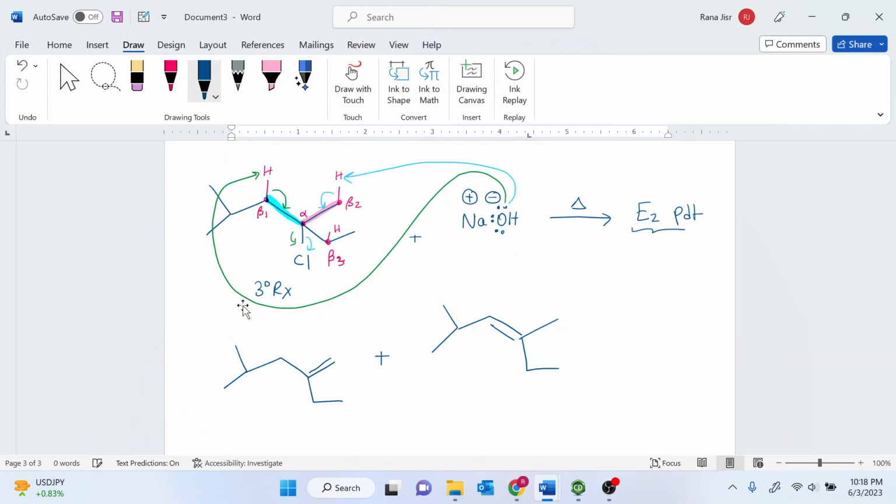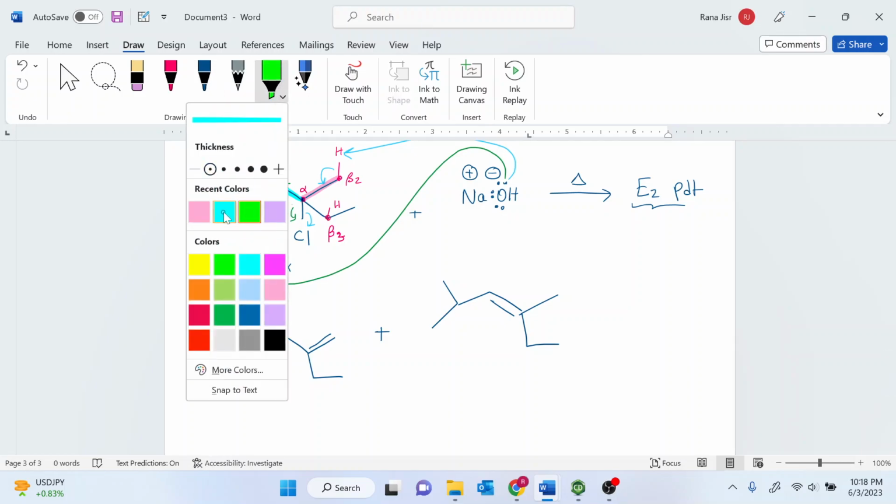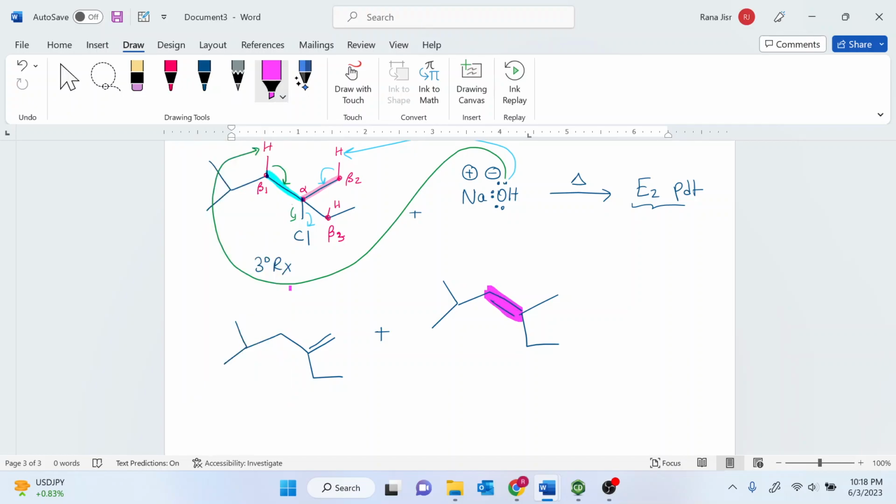You can easily see that this alkene is more substituted than this one, so this is going to be the major compared to both of these. If you take a look at this alkene, it is connected to 3 carbons, so it is a tri-substituted alkene, versus this alkene over here that is connected to 2 carbons, which is a di-substituted alkene. So this one is going to be major and this one is going to be minor.